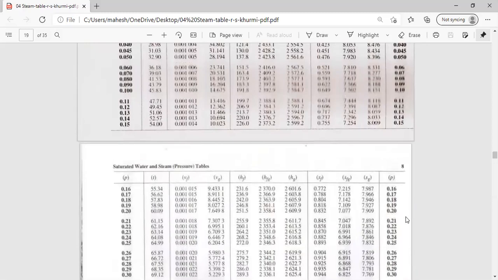And now you are comfortable finding the specific volume, specific enthalpy and specific entropy of saturated liquid and dry saturated steam. What if the steam is wet steam? If the steam is wet steam, then you need to use the expression for wet steam using the concept of dryness fraction.